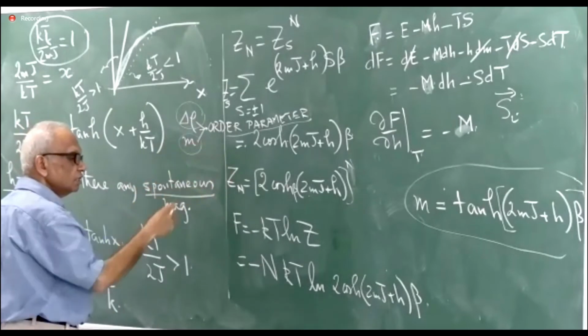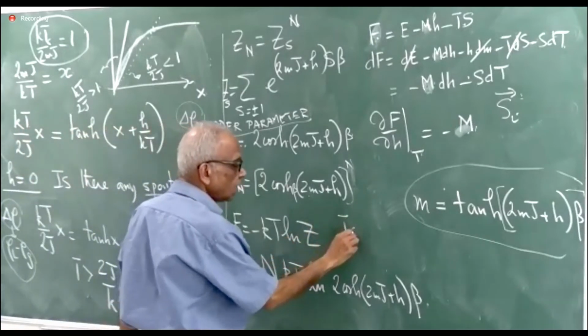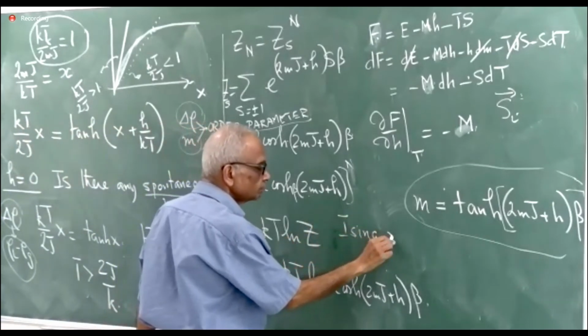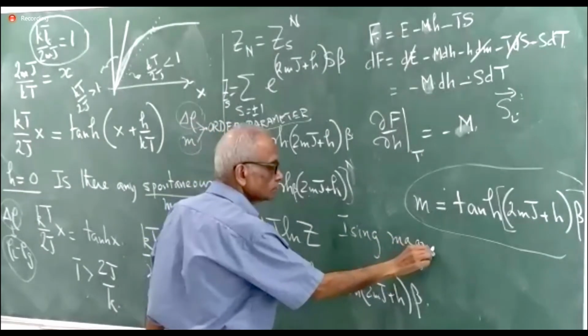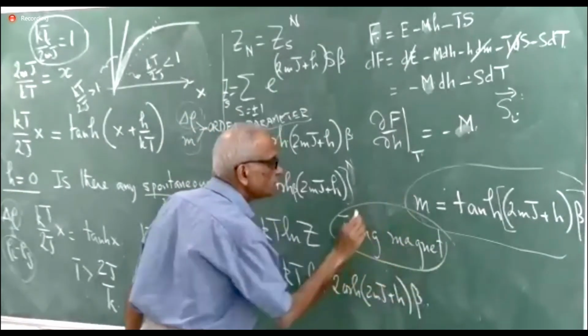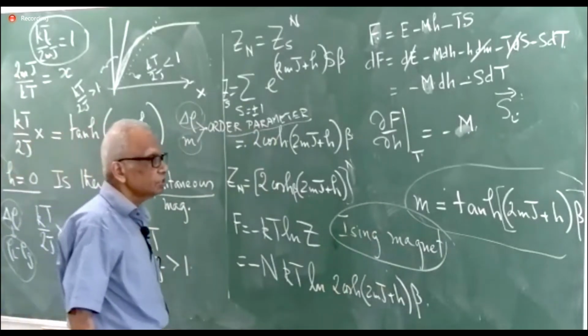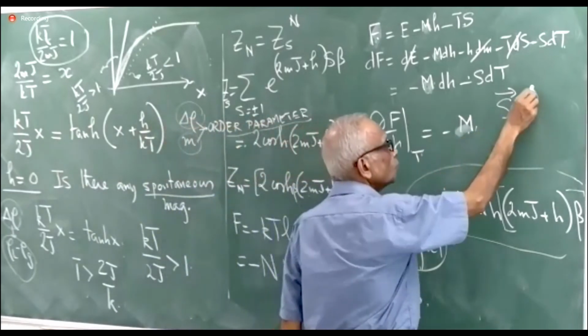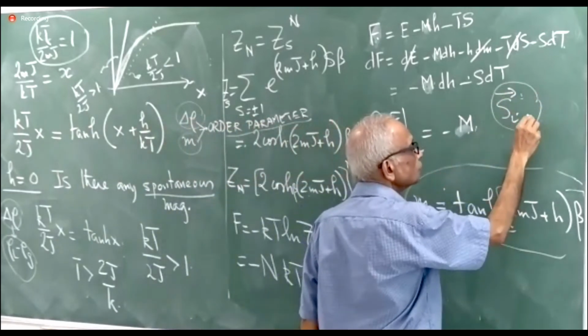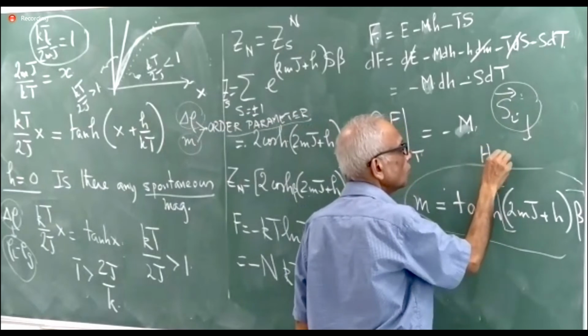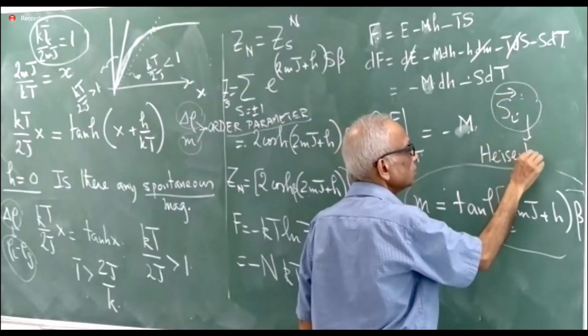Over here, in what we will call the Ising magnet, the magnetization is a scalar quantity. When the magnetization becomes a vector quantity, this is what will be called a Heisenberg magnet.